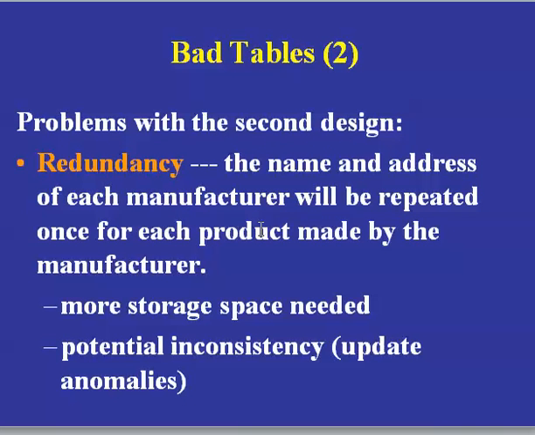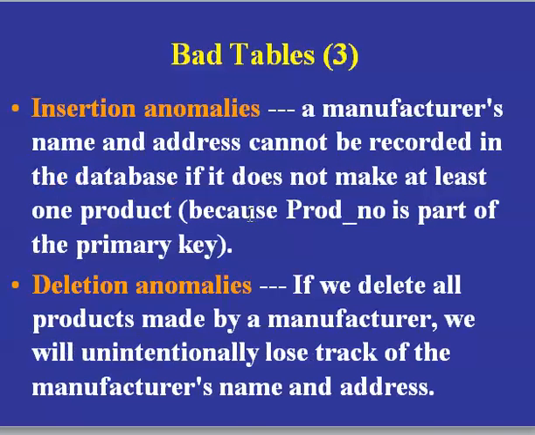So the problems that we say come with bad tables are redundancy, insertion and deletion anomalies. Why insertion again? Because, as it's explained here, maybe we have a manufacturer that doesn't provide any product right now, so there is no way that we can record that information.